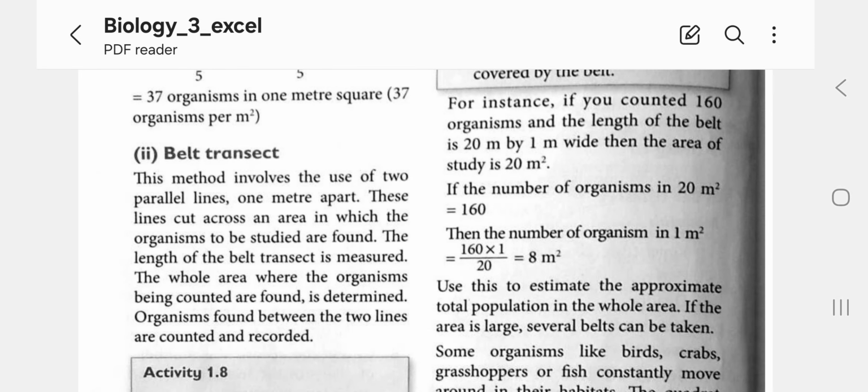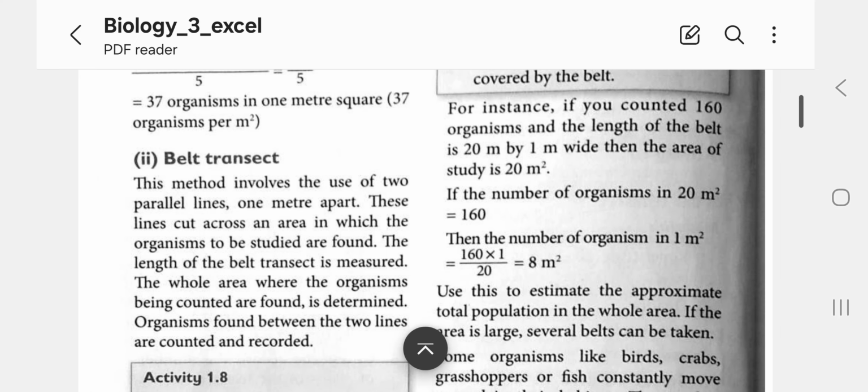It's the same thing. Belt transect is just the same thing as the line transect. If you can remember what line transect is, you cannot be in a bad position to explain the belt transect.